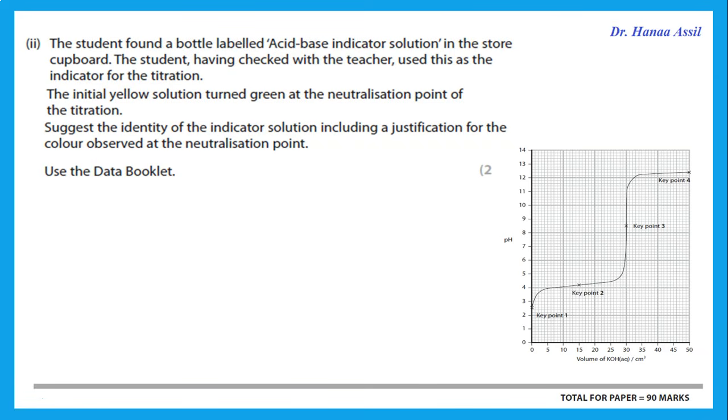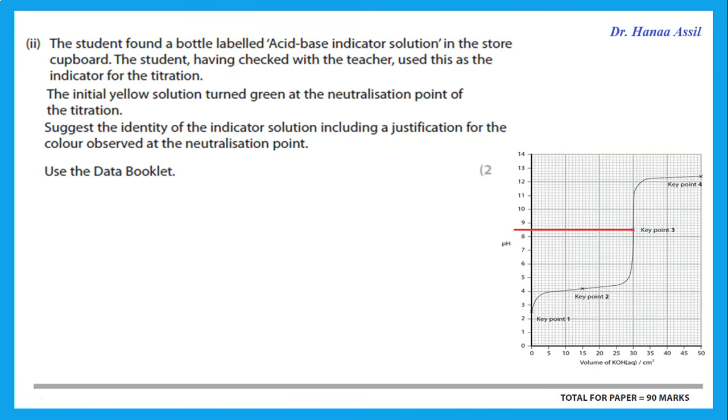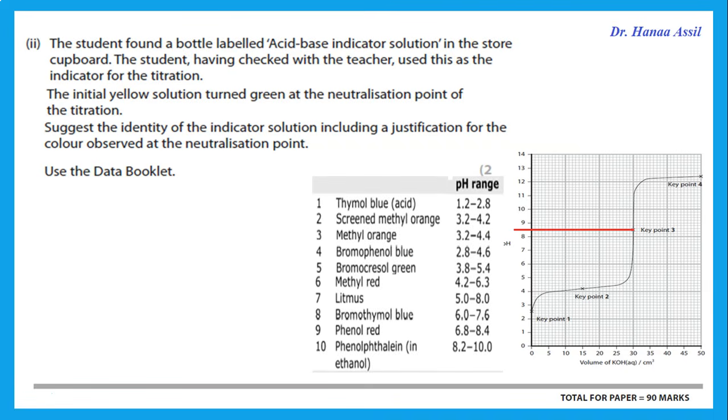Now, this was the graph that we had. And if we look at this, then I want something that would change color before pH 8 point something. So looking at the pH range, the most suitable one, according to what he's saying, is yellow originally and it will turn green at the neutralization point.